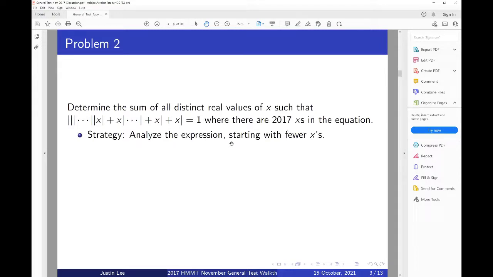Maybe start with fewer x's, say 2 x's, and see what the absolute value of x plus x, and the absolute value of that, is equal to. If x is non-negative, the expression clearly equals 2017x. So we can focus our analysis on negative values of x.